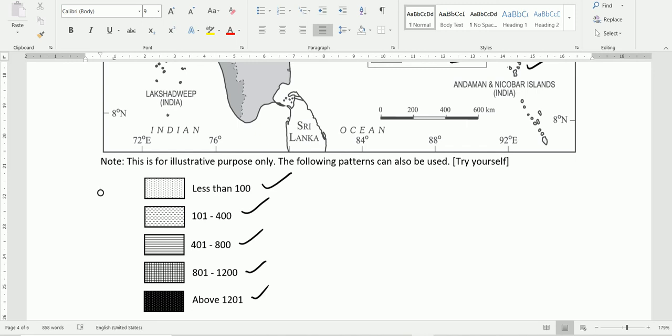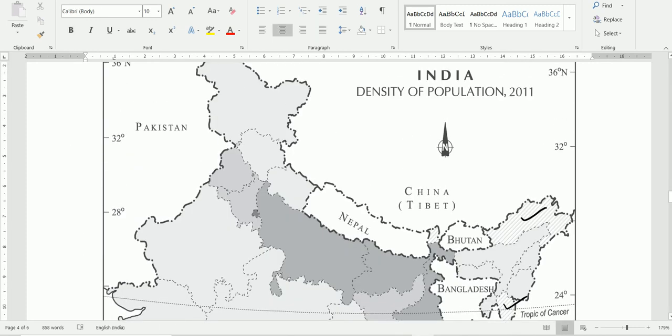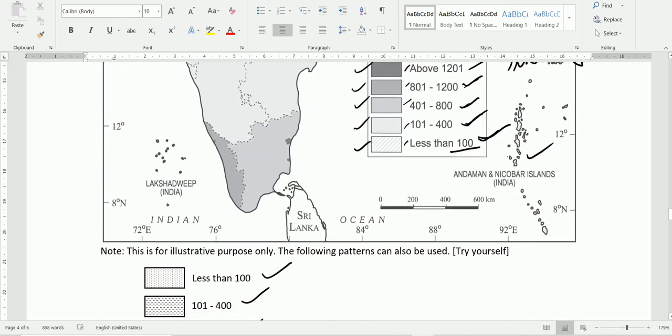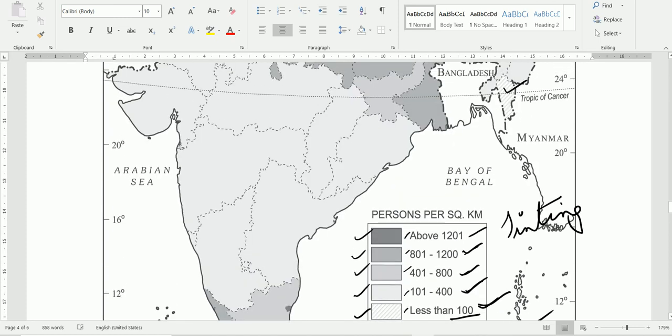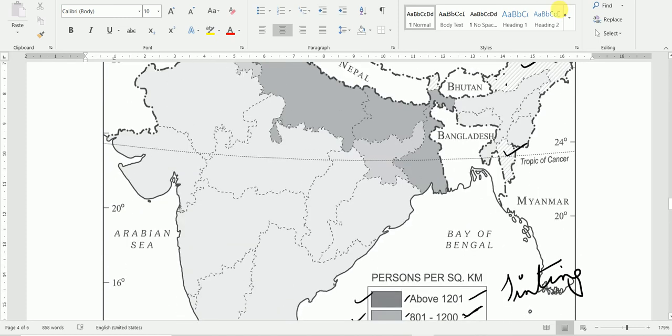And accordingly, we may do the setting. So, for example, for less than 100, you may use dots. Then for the next category, 101 to 400, see here, instead of this, we may use broken lines.